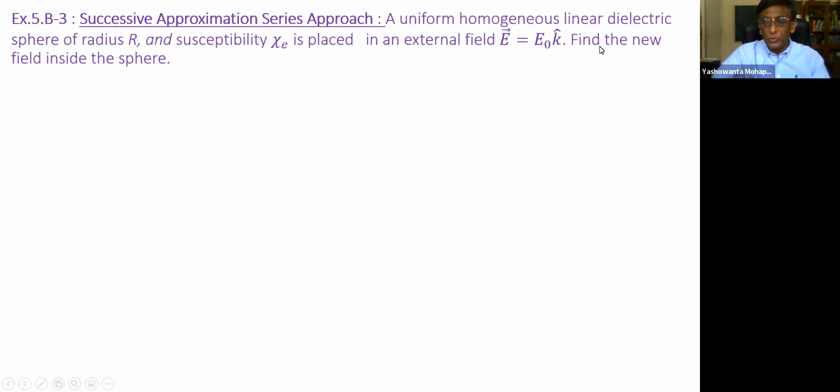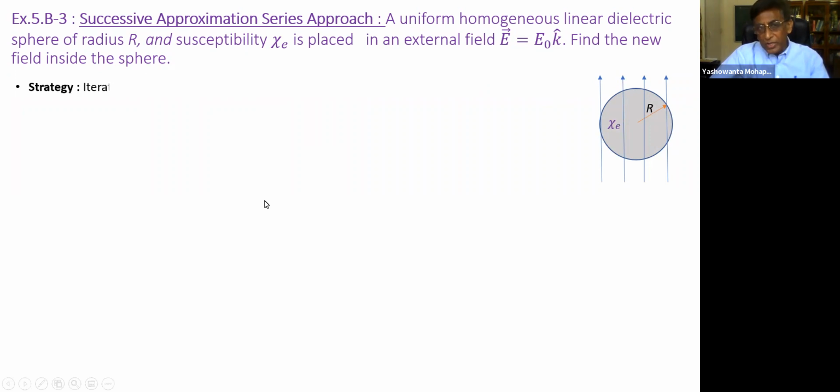Let me restrict myself to asking: what is the new field inside the sphere? What I want to demonstrate is good enough for the field inside the sphere. This is another approach to obtain the field inside. This is E naught in this direction and a uniform dielectric sphere with susceptibility chi e.